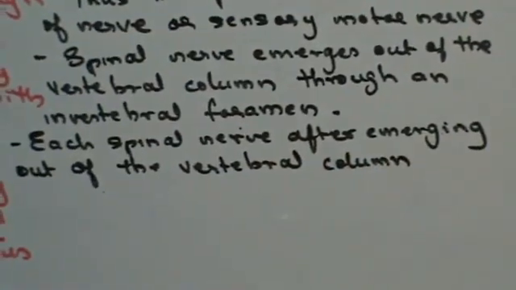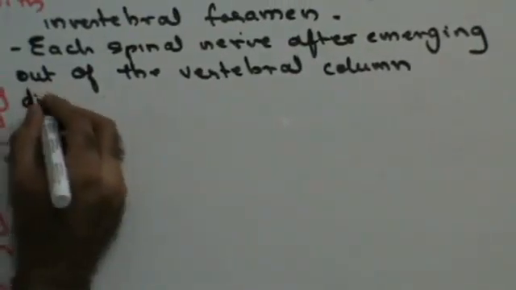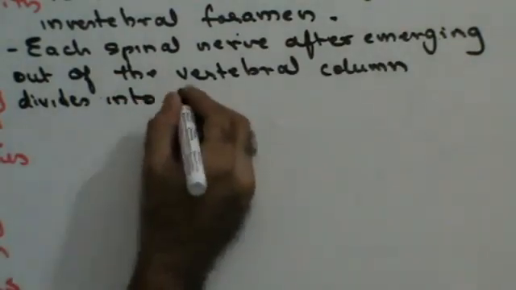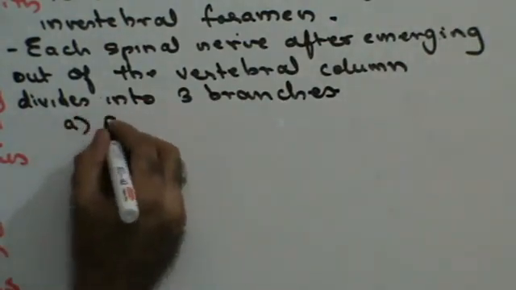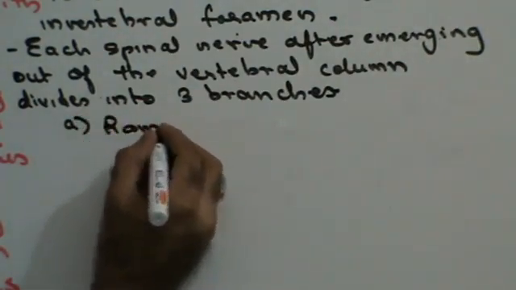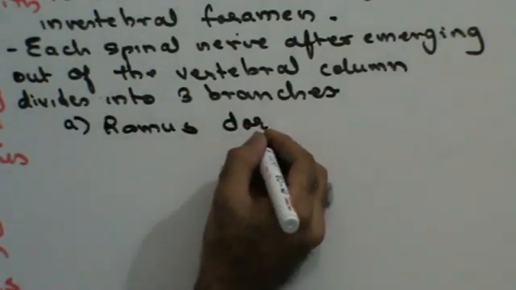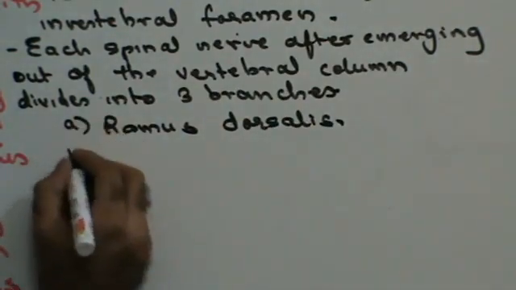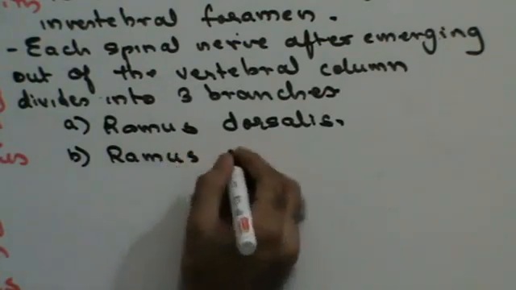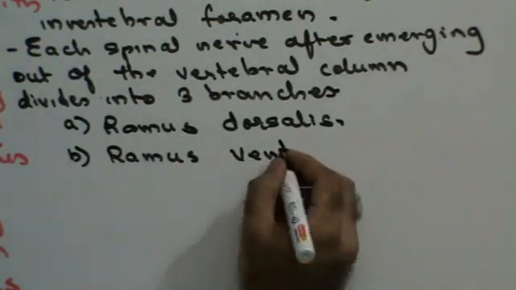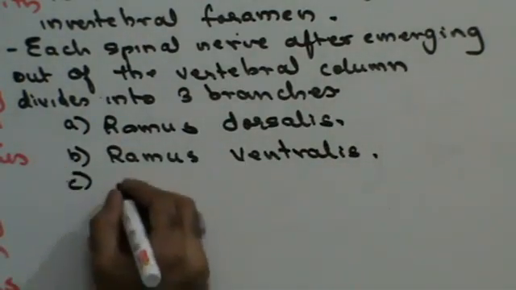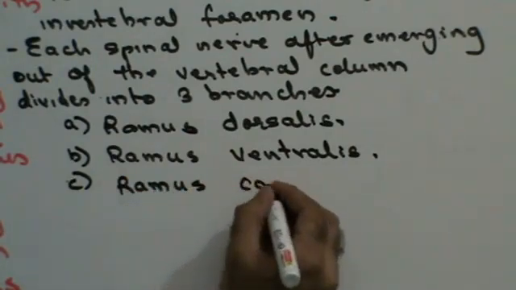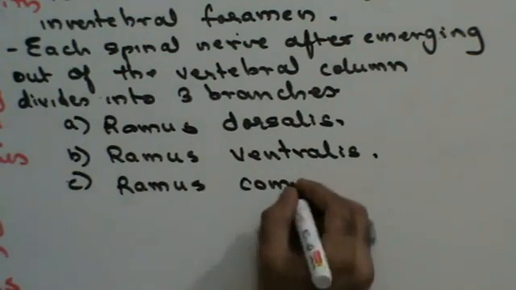The ramus dorsalis, the ramus ventralis, and the third is the ramus communicans.